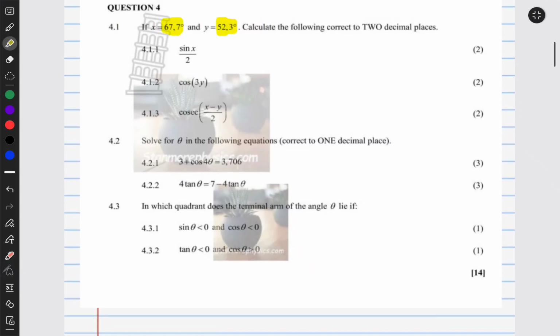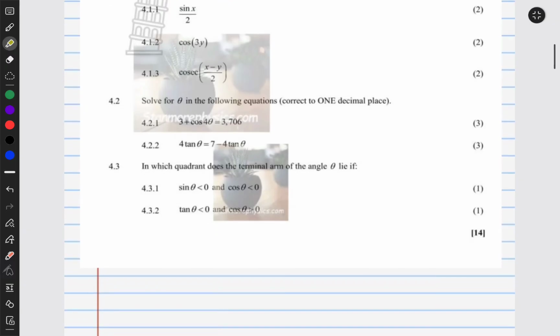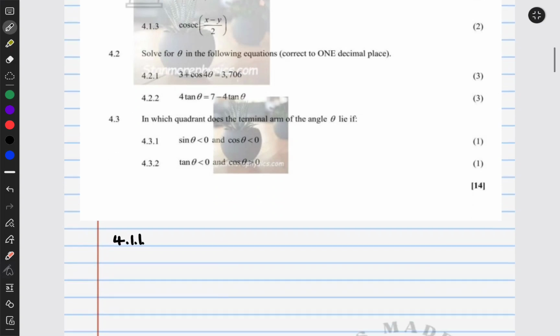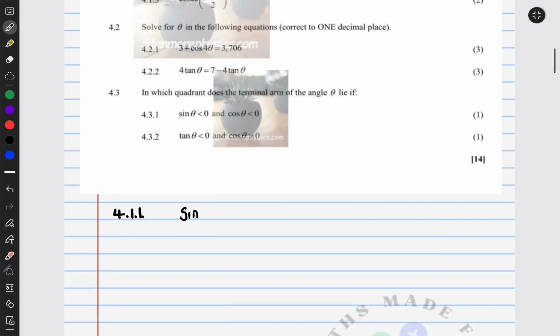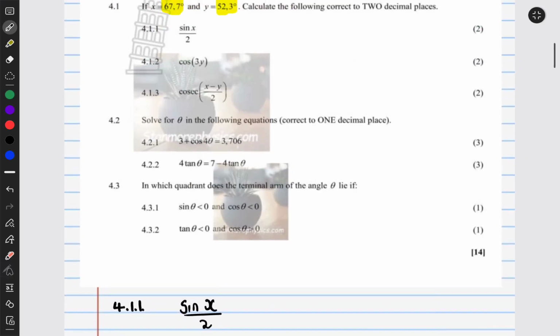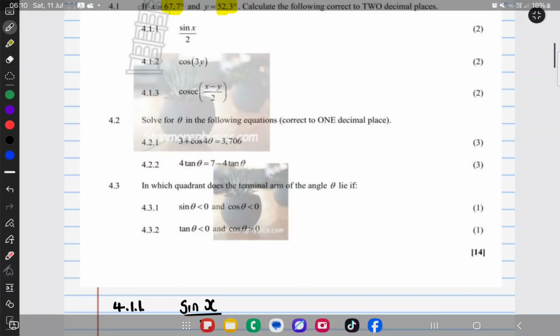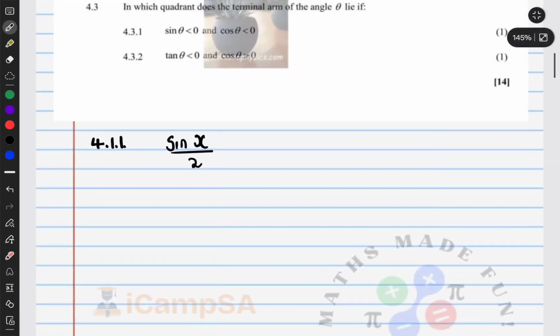So for 4.1.1, we have to calculate sine x over 2. And we were told that x is 67.7 degrees. So let's go ahead and solve for that. This is going to be equal to sine of 67.7 degrees divided by 2.